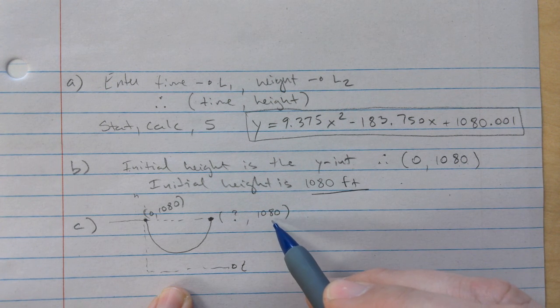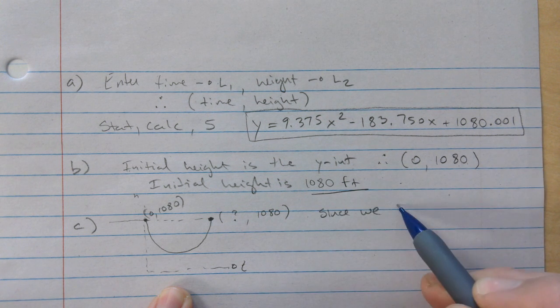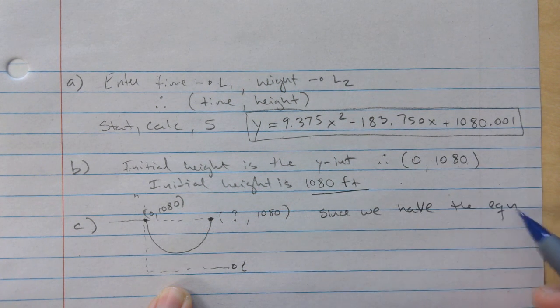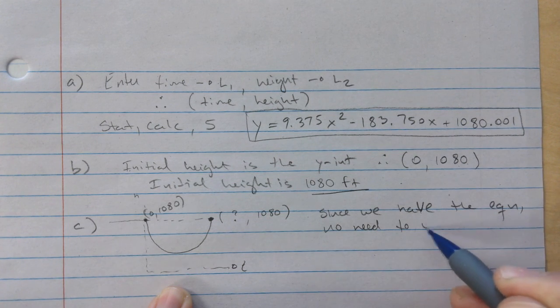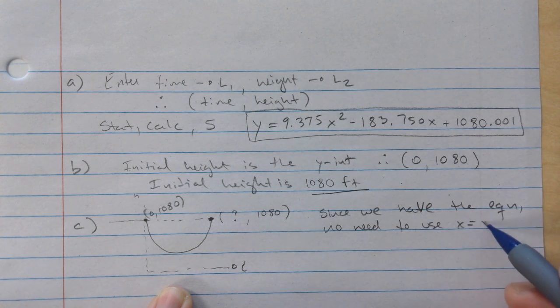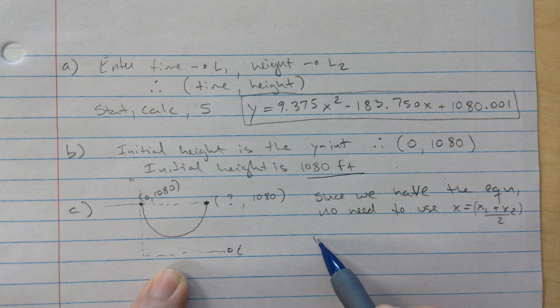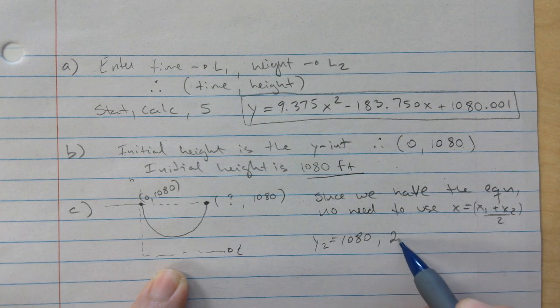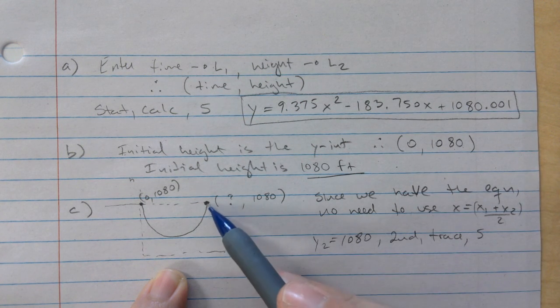Since we have the equation, there's no need to use x is equal to x1 plus x2 over 2. We're just going to say y2 is equal to 1080, and I'm going to go ahead and find that point over here.